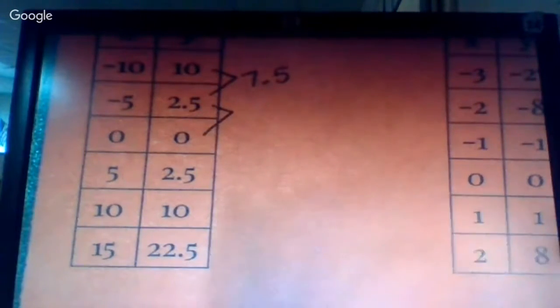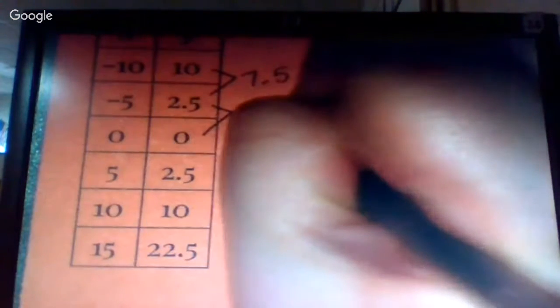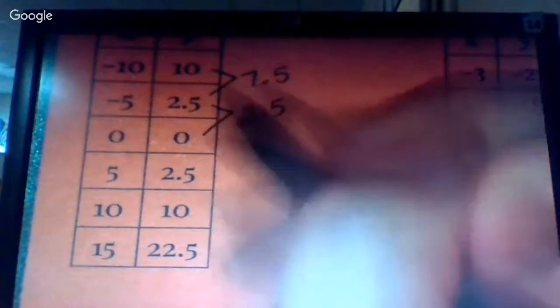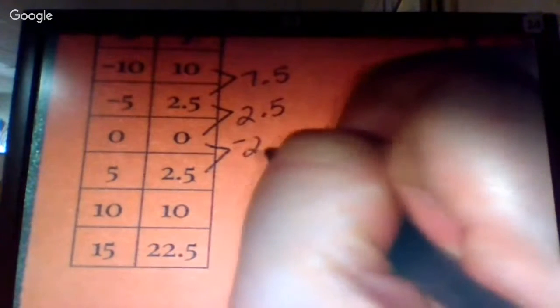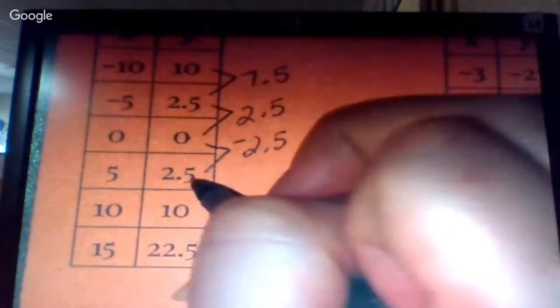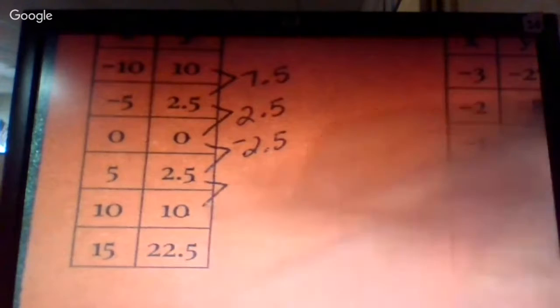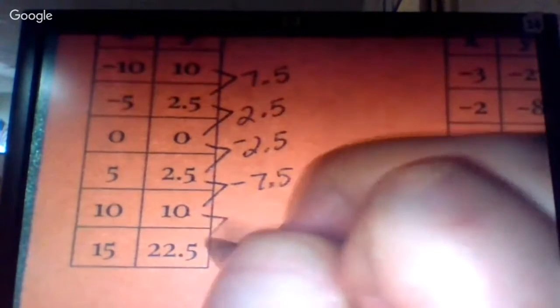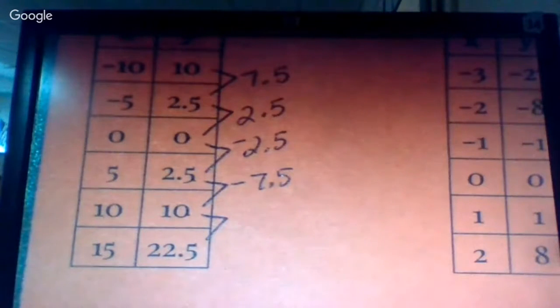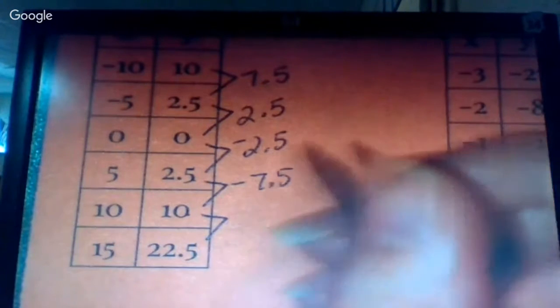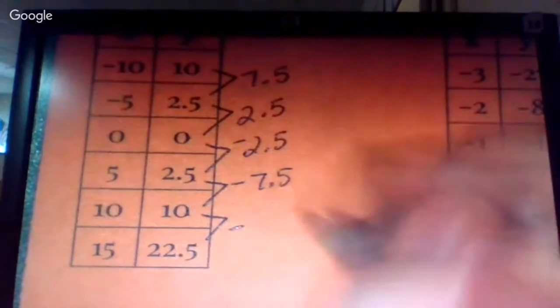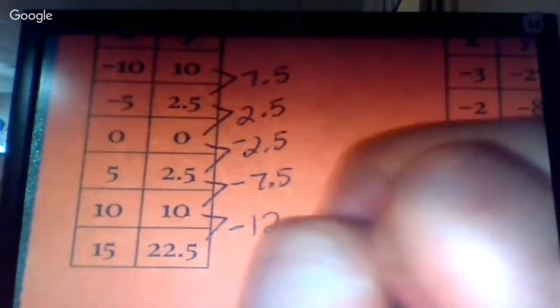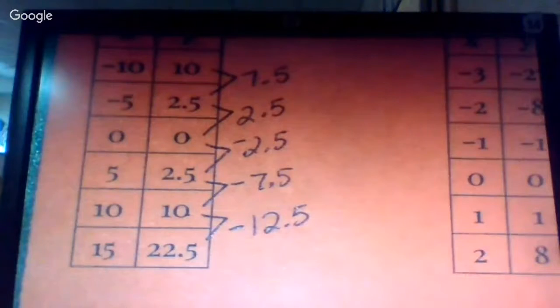Positive 2.5. 0 minus 2.5, negative 2.5. 2.5 minus 10, negative 7.5. And 10 minus 22.5. Negative 12.5.